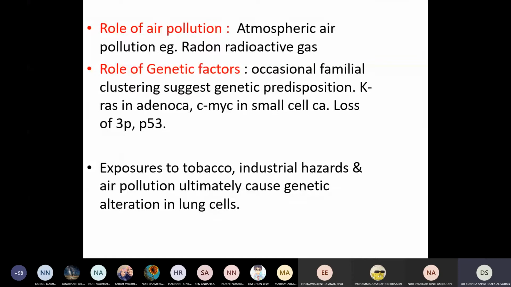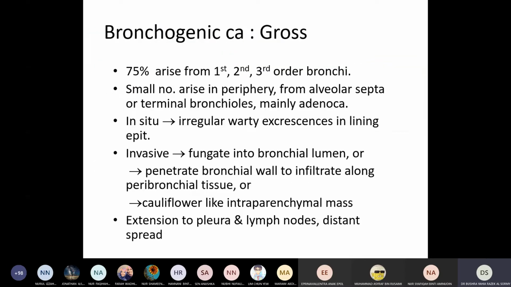Okay, so the gross. Usually they say 75% of bronchogenic carcinoma arises from the first, second, and third order bronchi. Okay, the smaller number arises from the periphery, especially from the alveolar septa or terminal bronchioles, mainly adenocarcinoma.